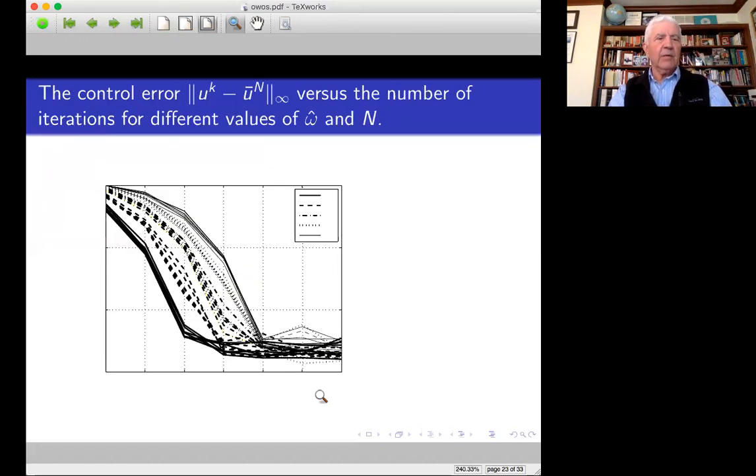Okay, so when you apply the Newton method with different step sizes and different values of the parameters, we get a picture like this. These are the iterations showing how the error goes to 0 with the number of iterations.